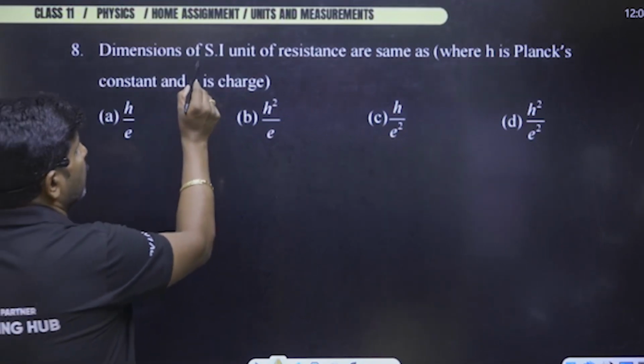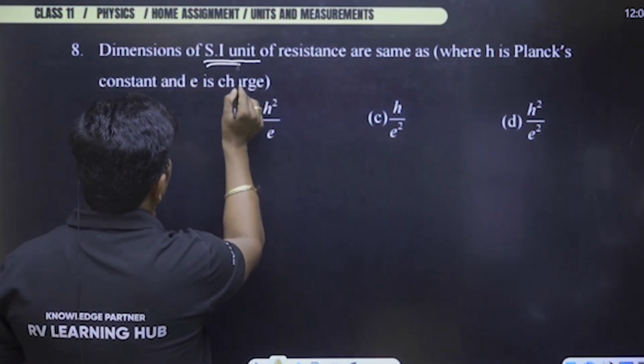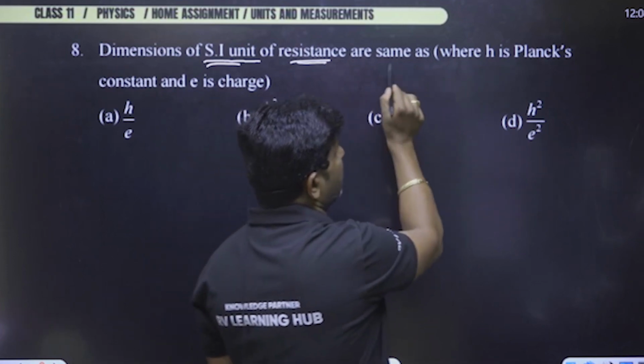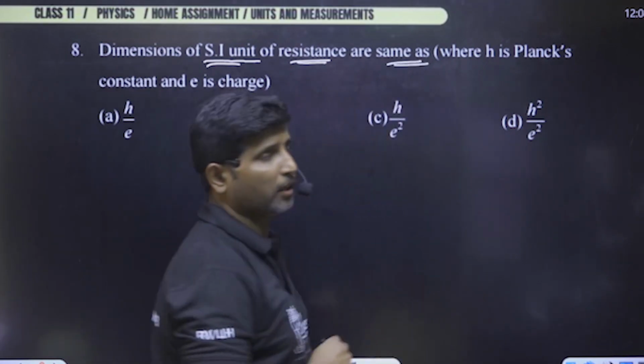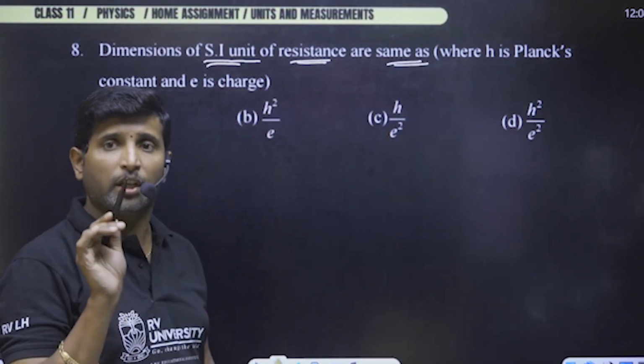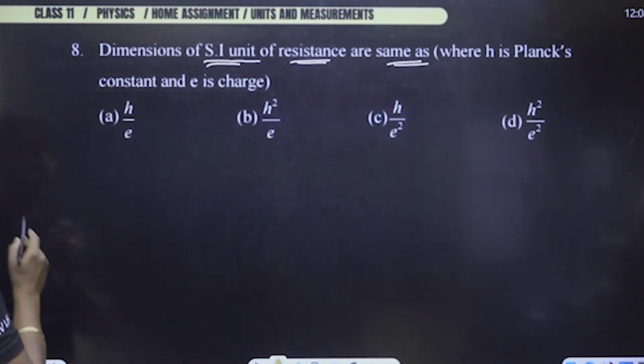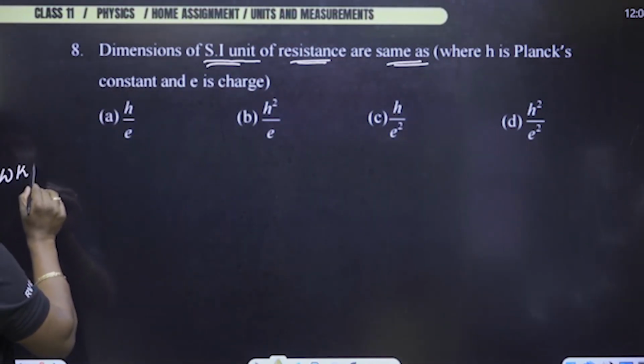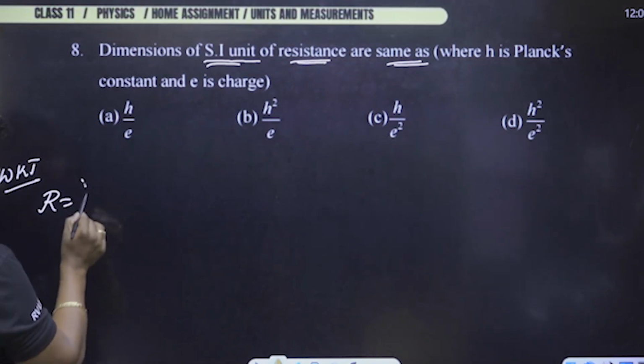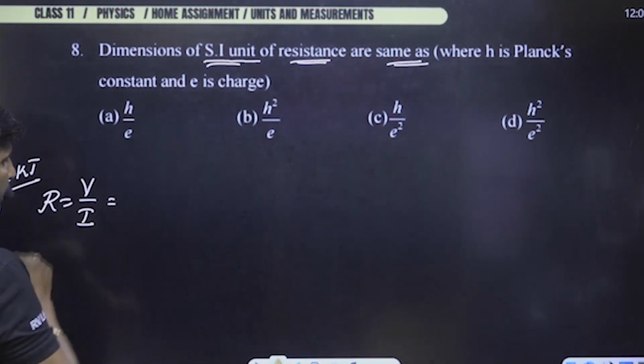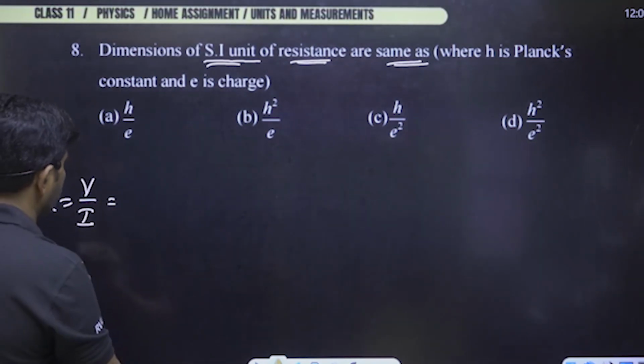Observe this. Dimensions of SI unit of resistance are same as that of... they are saying. Dimensions of SI unit of resistance. Okay, let us first calculate resistance. R is equal to V by I. Is it right? What is this V here?